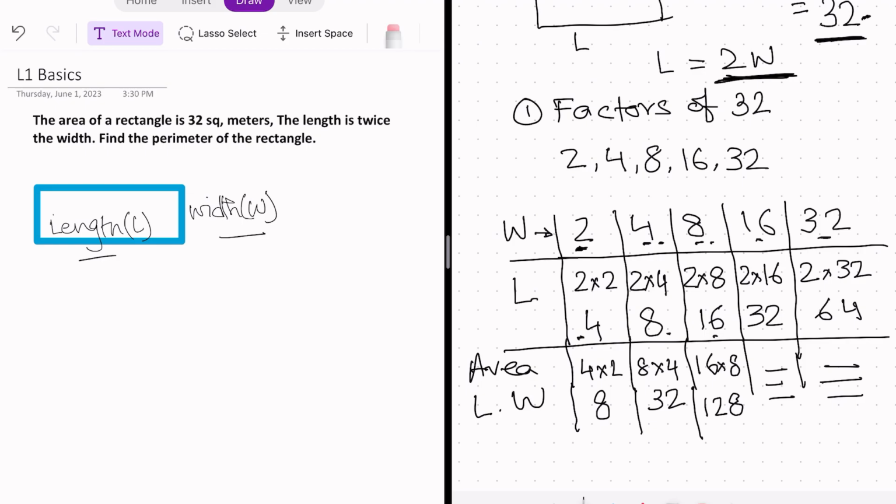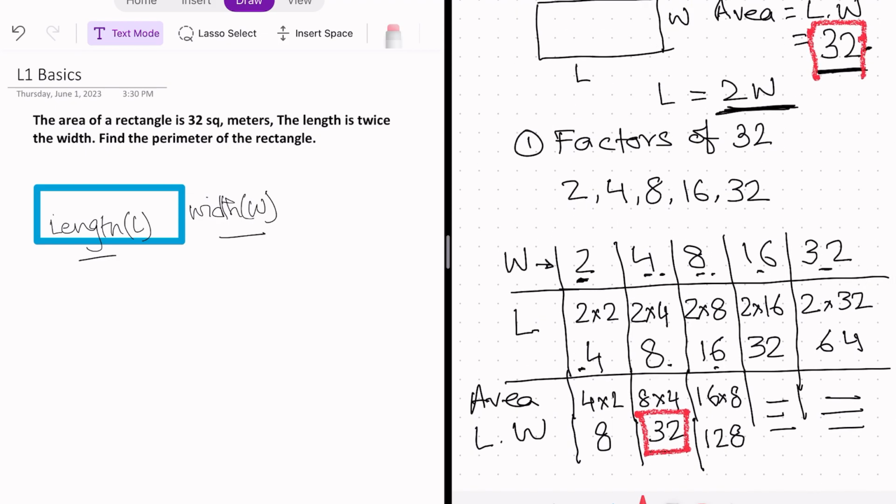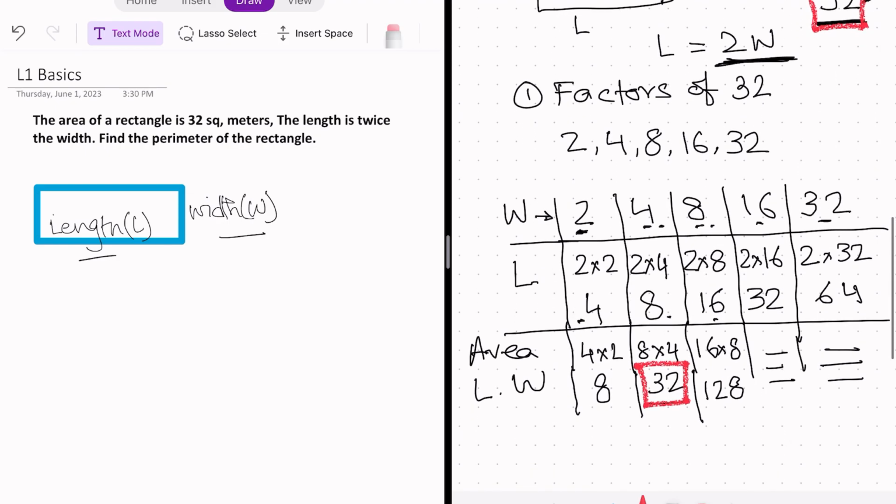So I don't need to calculate them anymore. And I've already found one area which matches the condition I have been given. In this condition, the width is 4 and the length is double the width, 8.